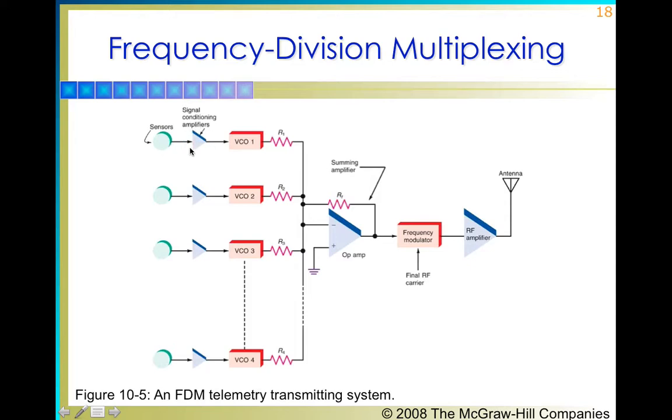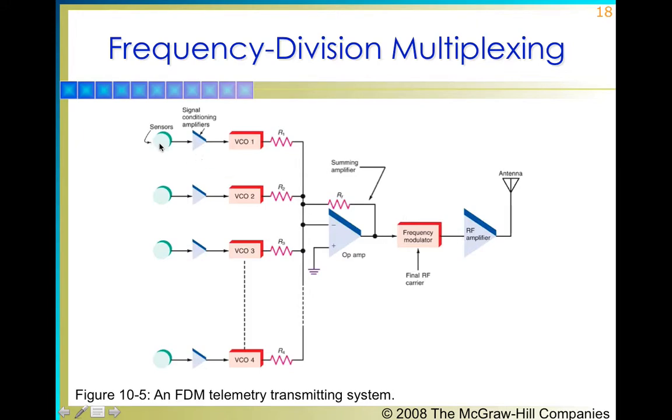Then we have some signal conditioning amplifiers, and the purpose of these signal conditioning amplifiers is to provide a connection between the data acquisition system and the sensor system of the telemetry. They provide the signal conditioning which is necessary to transform the signal into a reasonable, safe signal which is okay for the other systems, for the processing of the signal.